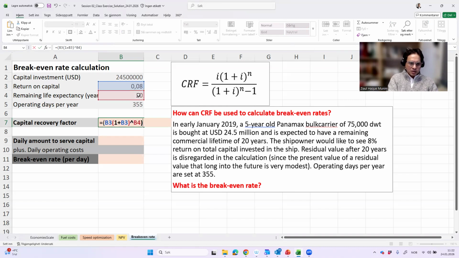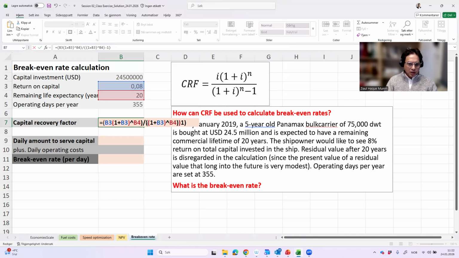I close down the bracket. So I have all of them under one, divided by, start with 2 brackets, 1 plus, again, I, and the power of the number of years, bracket close, minus 1. I might have to put one more bracket here.